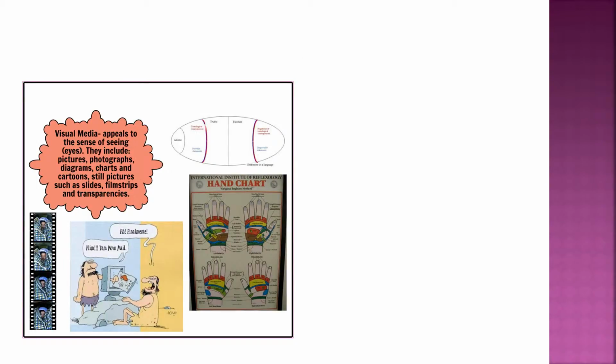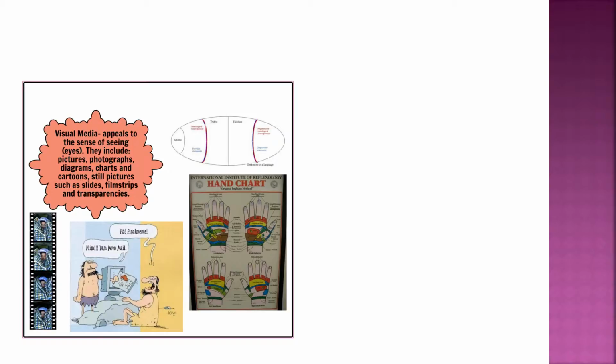Now we have what we call visual media. Our visual media uses the sense of eyes, that's seeing, to learn. For example, we can use charts, pictures, pictograms, cartoons, still pictures, and more.